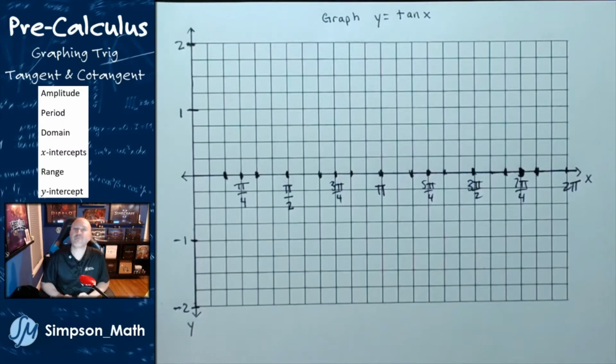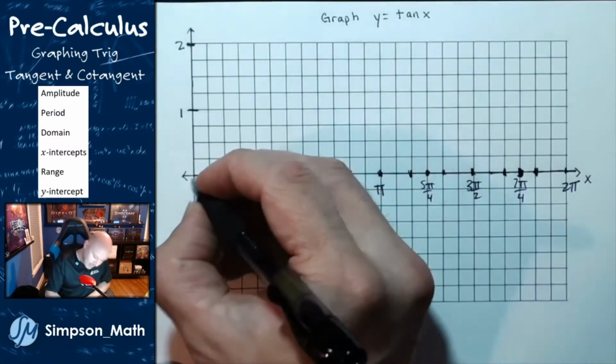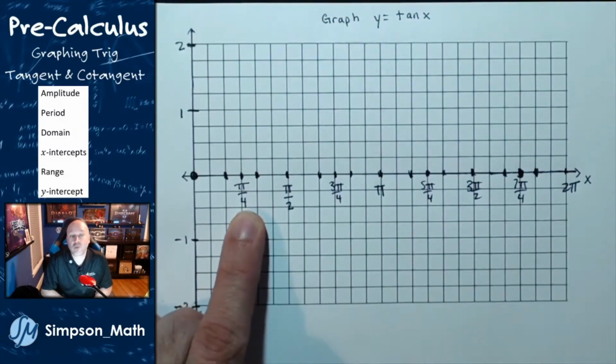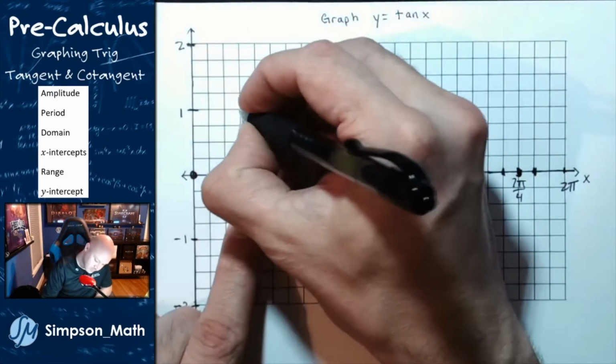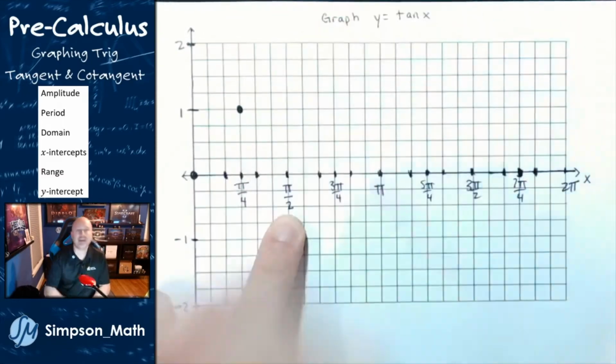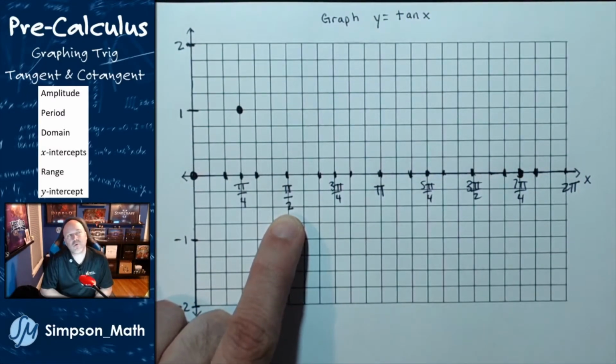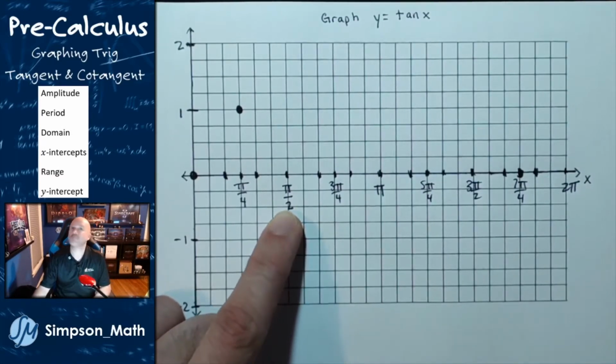Tangent of 0 is 0. Tangent of pi fourths, we are in quadrant 1, where that is a positive 1. Tangent of pi halves, well, that's undefined. So guess what's happening at pi halves?